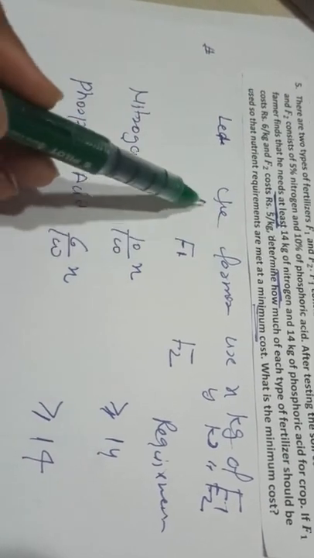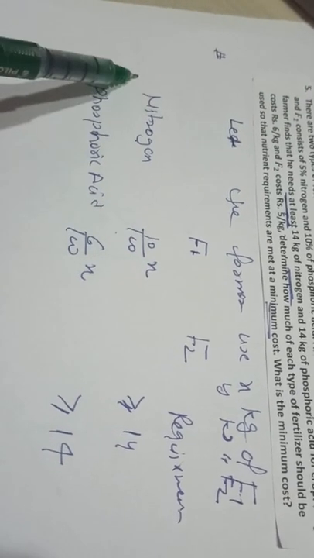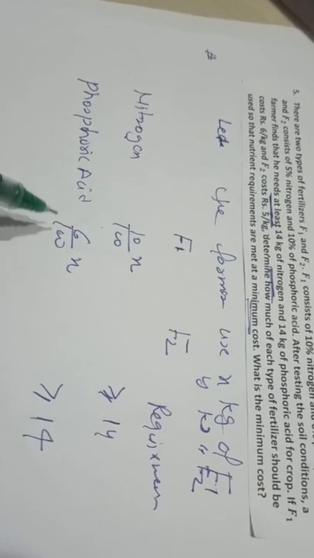Your fertilizer 1 has 10% of nitrogen and 6% of phosphoric acid.